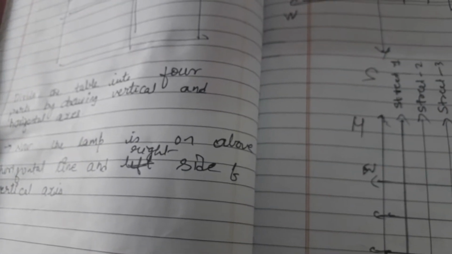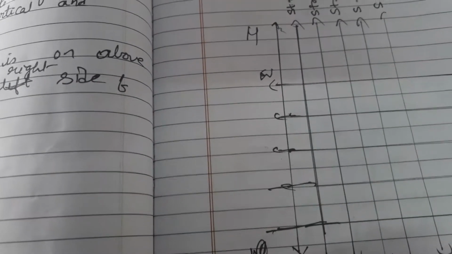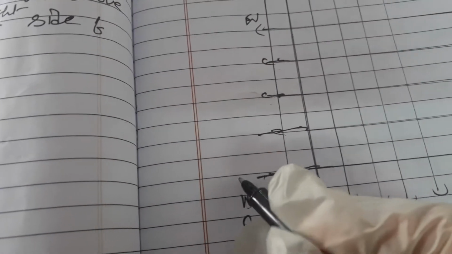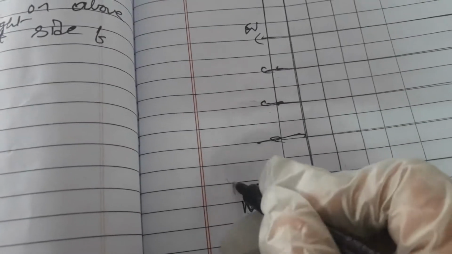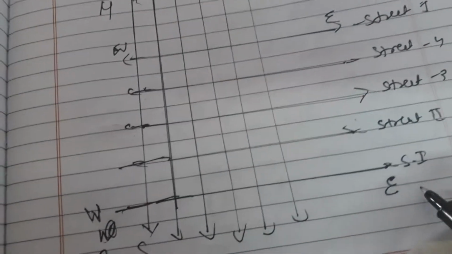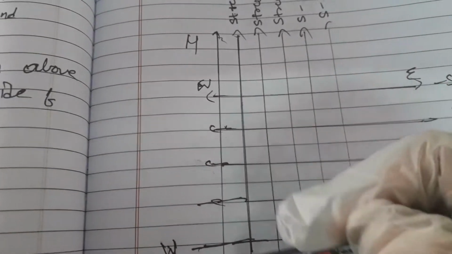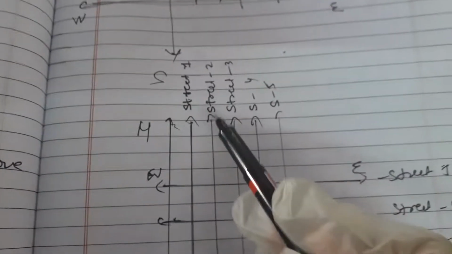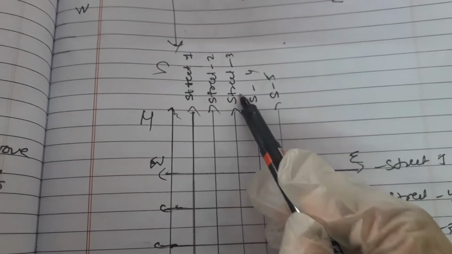One road is there in north-south direction, and second is in the west-east direction. In north-south direction, 5 streets are there: street 1, street 2, street 3, street 4 and street 5.